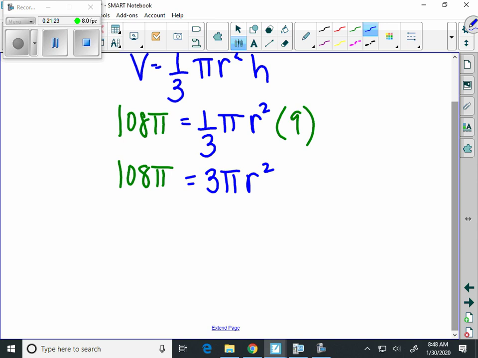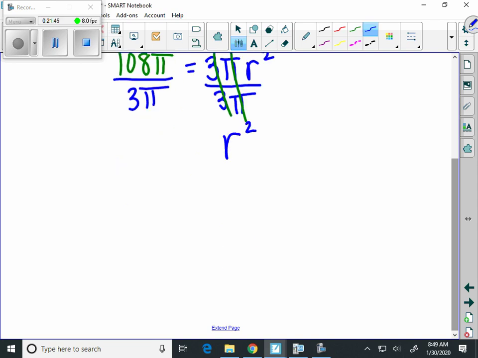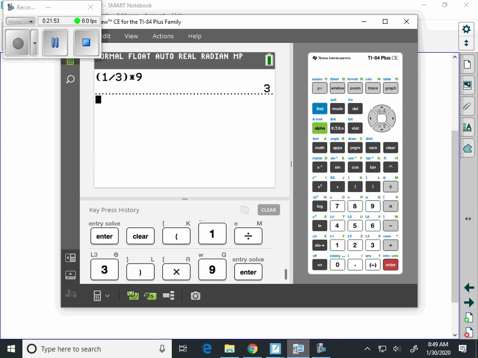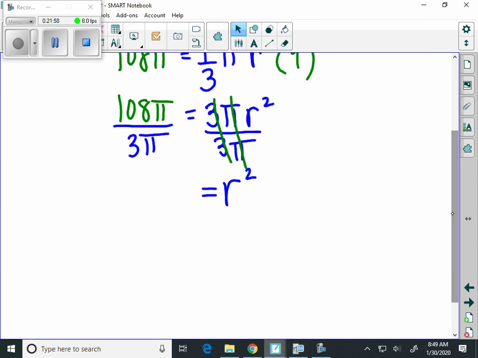And now what we want to figure out is, what does r squared equal? So we're going to divide both sides by 3 pi. We're trying to get the radius by itself. And what happens is that the 3's cancel out. 3 divided by 3 is 1. Pi divided by pi is 1. So we're left with r squared over here on the right side. And on the left, 108 divided by 3 gives us 36.